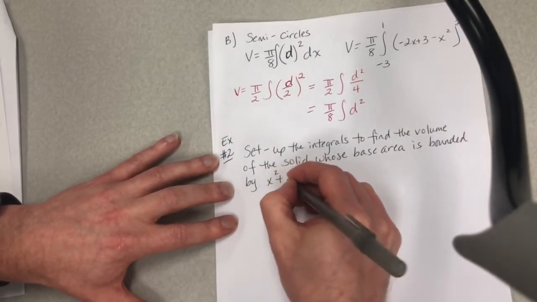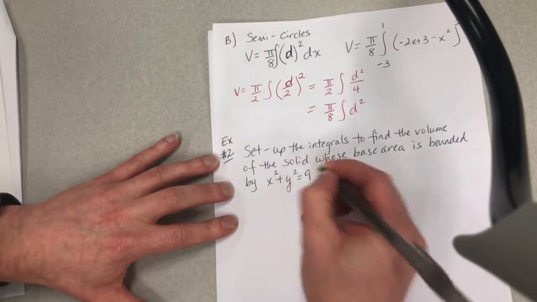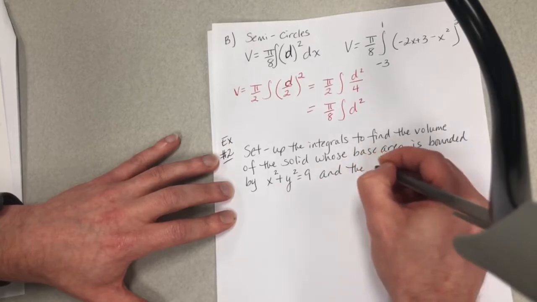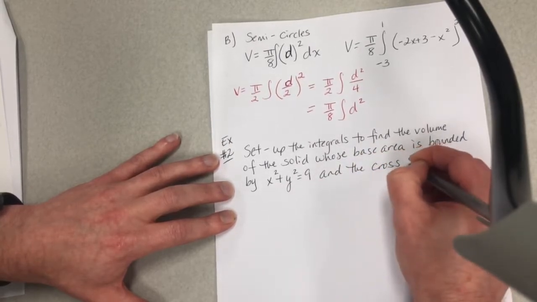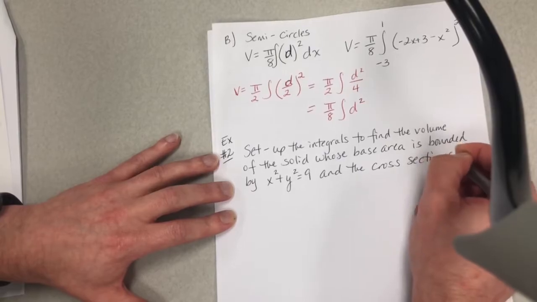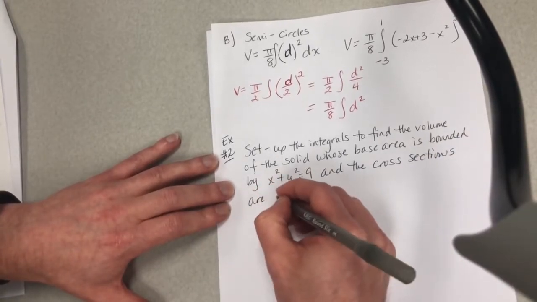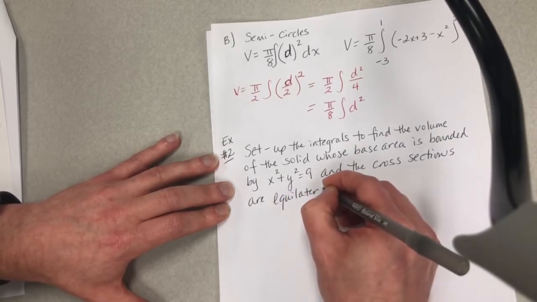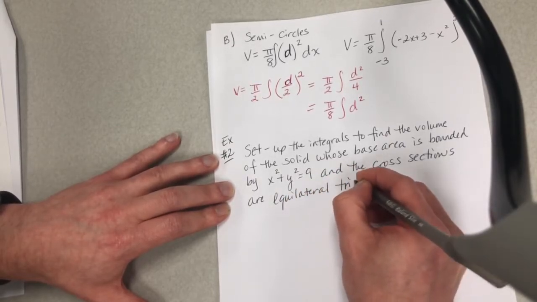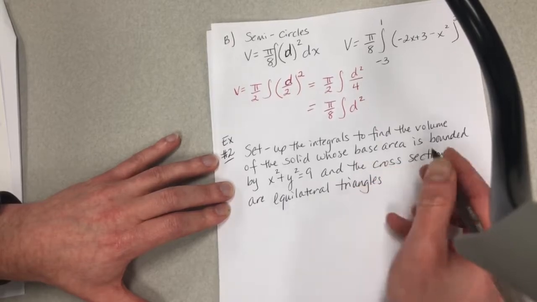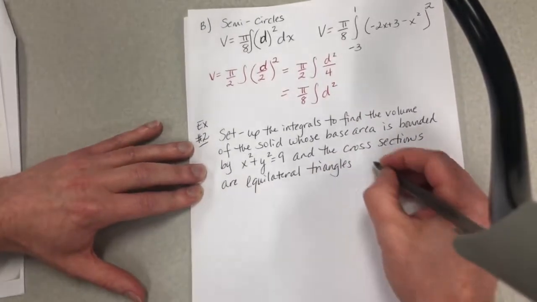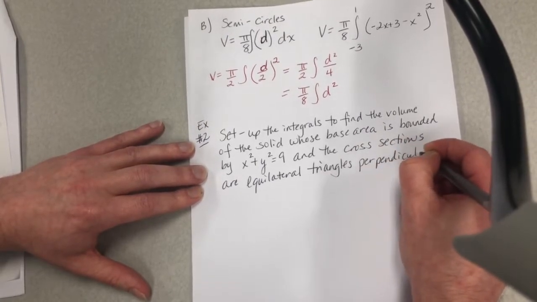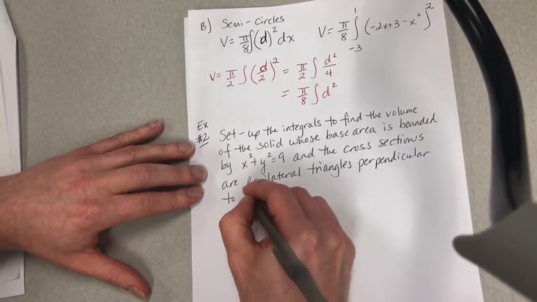x squared plus y squared is equal to 9, and the cross sections are equilateral triangles perpendicular to the x-axis.